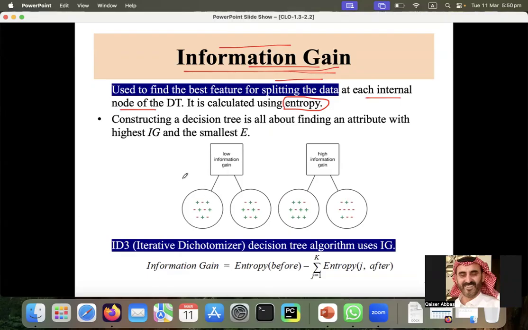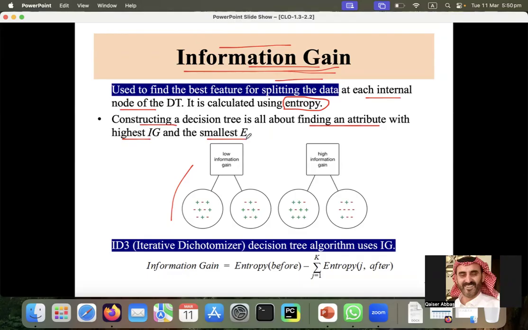For example, here, this is just a line on what a decision tree is. So what is a decision tree? Finding an attribute with the highest IG and the smallest entropy. How can we construct or draw a decision tree?